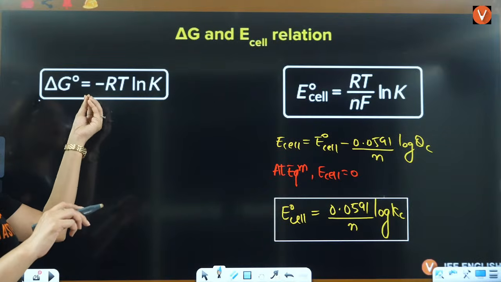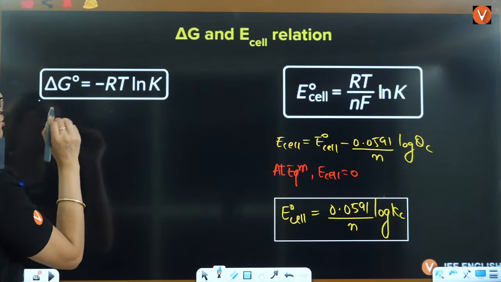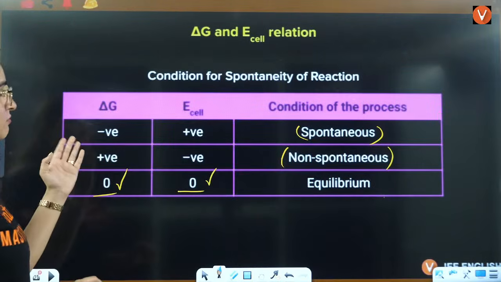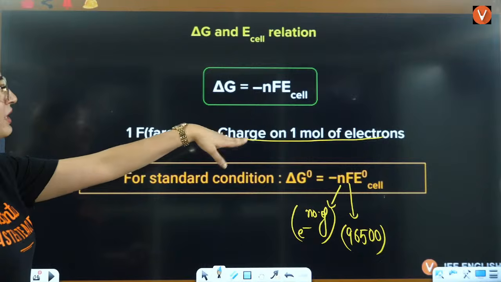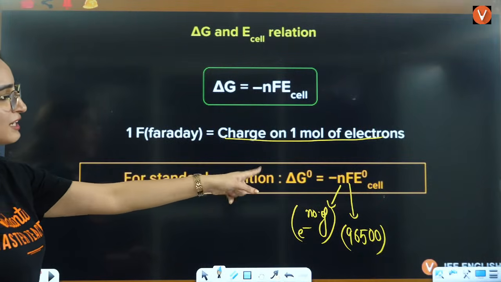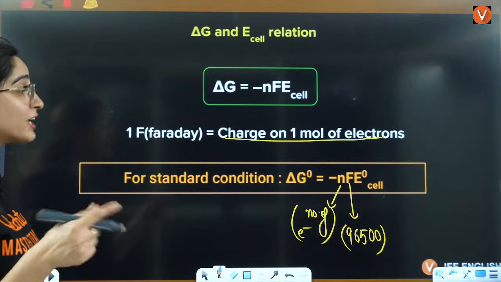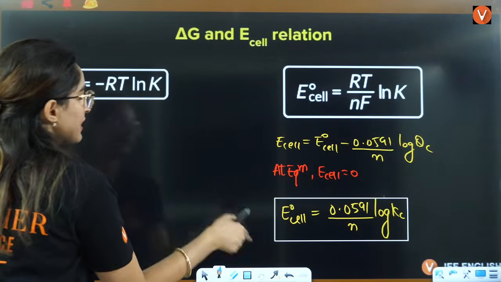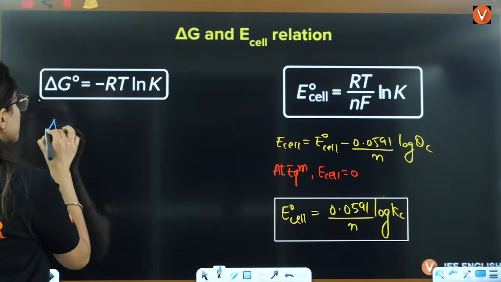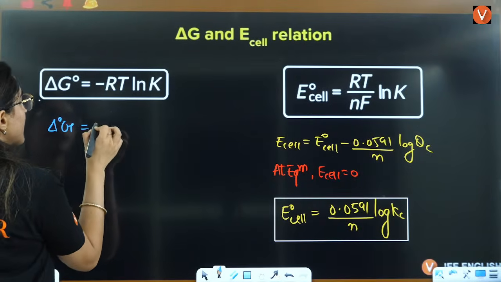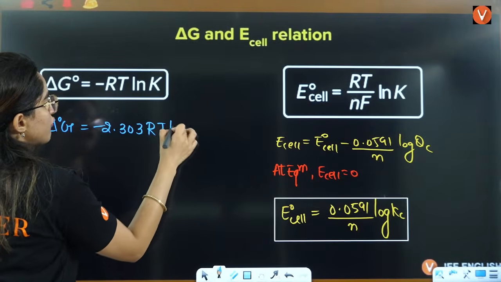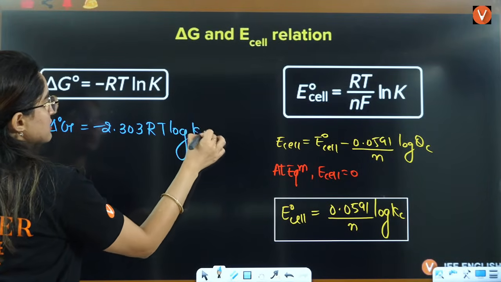Delta G naught equals minus RT ln Kc. We know that E naught is also equal to delta G naught divided by minus nF. When you put this value here, you will get this equation, which can also be written as delta G naught equals minus 2.303 RT log Kc.